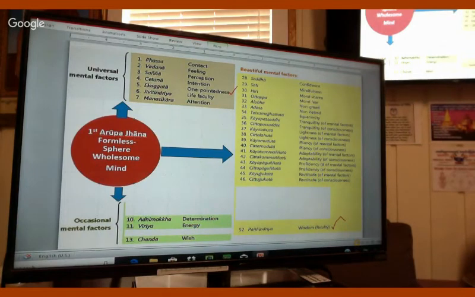But panya is under the influence of the concentration. Panya is not the leader at that time. It works with the concentration, but concentration has the more important role in the mental activity, working with the conceptual image in infinite space.